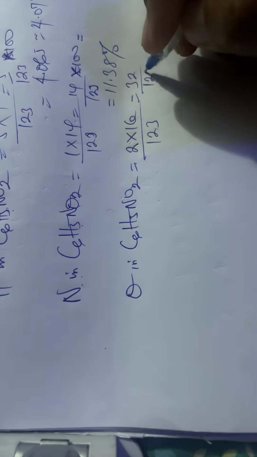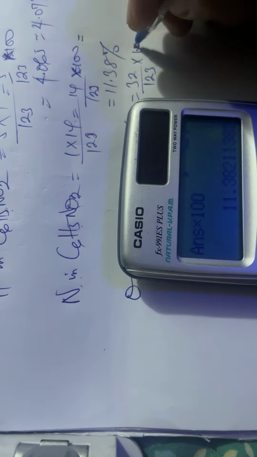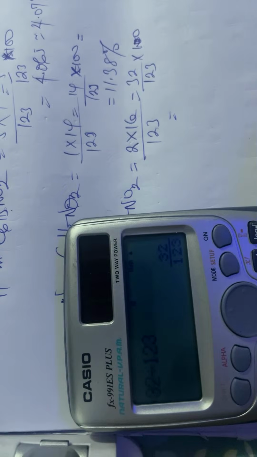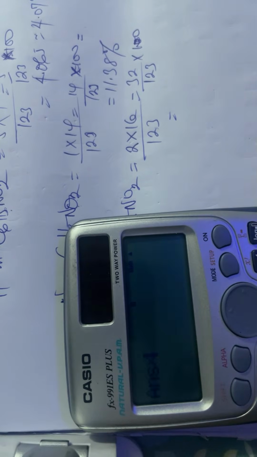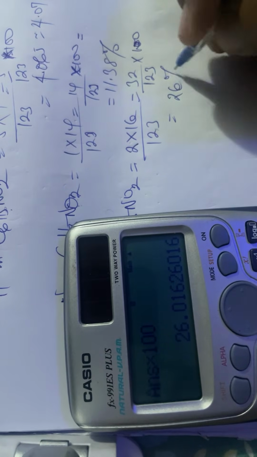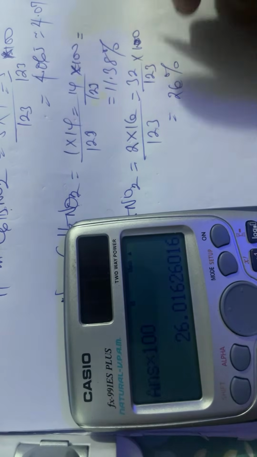So 32 over 123 times 100. 32 divided by 123 will give us 0.26. When we multiply it by 100, we're going to get about 26%, or 26.02%, as the case may be.